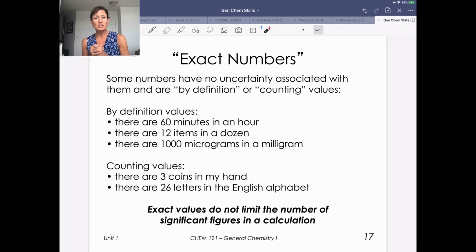Same thing with 2.54 centimeters being 1 inch. That is an exact number, so that won't play into our determination of significant figures. Here are just a few more examples of things that are by definition values, and again, counting values. So anything that's an exact number or an exact value, you do not use to limit the number of significant figures that you might have in a calculation.